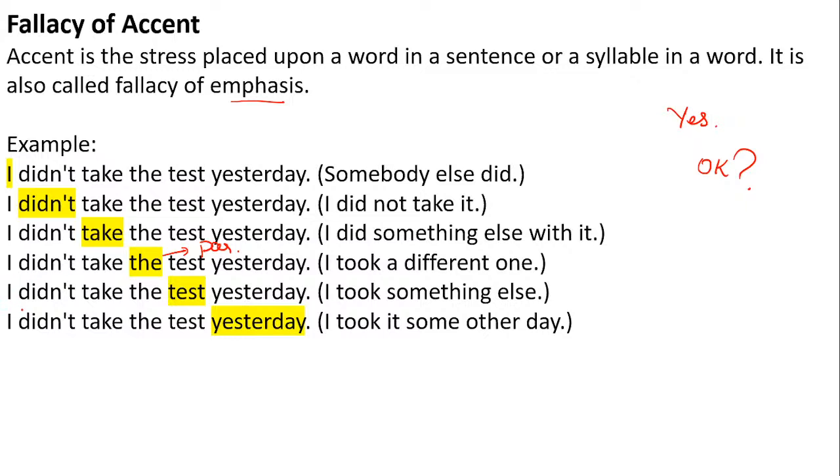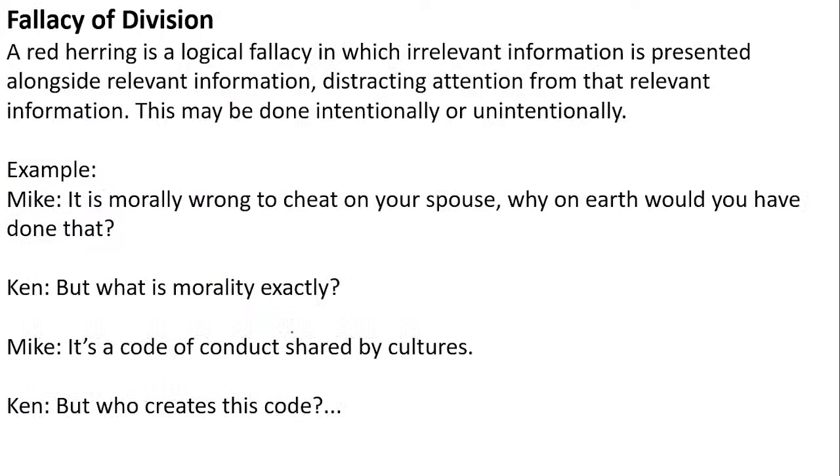Now if I'm saying "I didn't take the test yesterday," I took something else yesterday. The last example: "I didn't take the test yesterday." It means that yesterday I did not take the test, I took it on some other day. So this is the fallacy of accent.